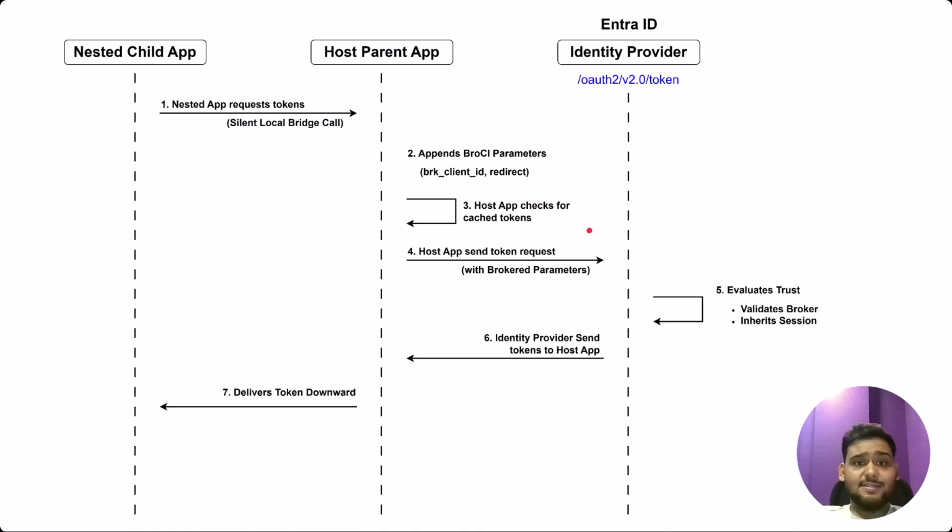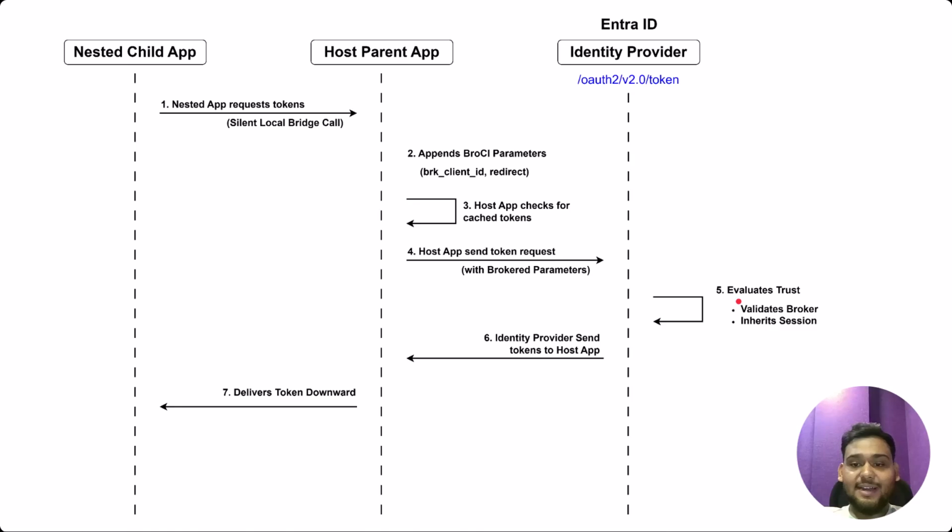Now the next phase is the host parent app sends requests to Entra ID with all the broker parameters that we have seen, like broker client ID and the redirect URL, right? Now Entra ID has to evaluate trust. So it validates whether that particular broker client request is sent by a trusted or legitimate client or not.